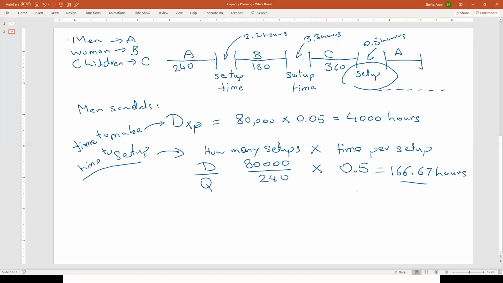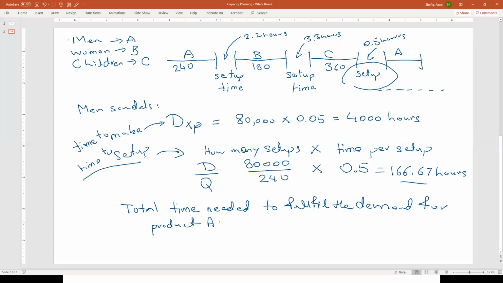Now, the total time that is needed to fulfill the demand for product A, which in this case is men's sandals, is time to make, right?